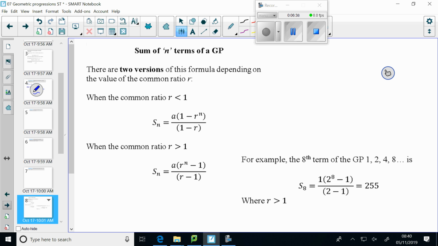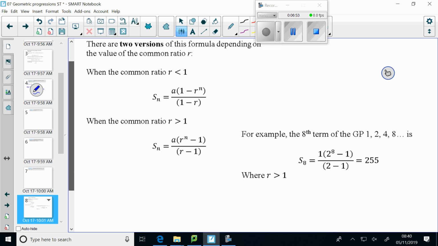So there's one version when the common ratio is less than 1: the sum of n terms is a times 1 minus r to the n over 1 minus r. And where the common ratio is greater than 1, we use a times r to the n minus 1 over r minus 1. They're slightly different. You need to make sure if you're doing a problem, you get the right one. So the first thing is to find r, and then to use the correct formula.